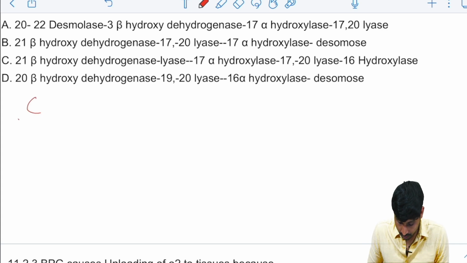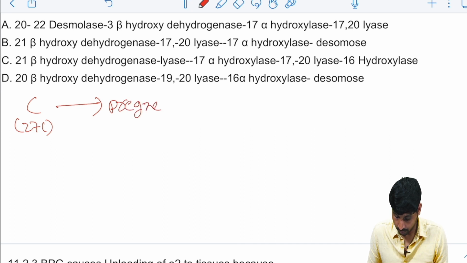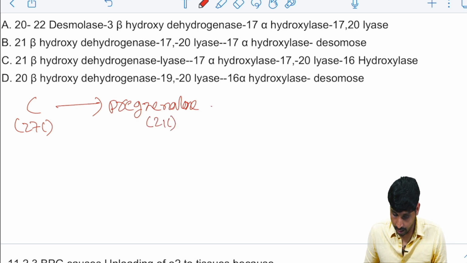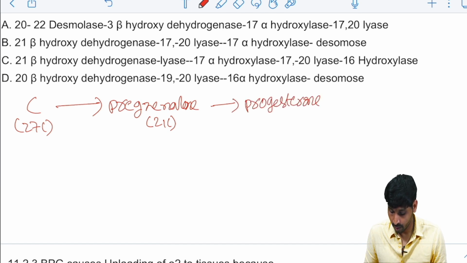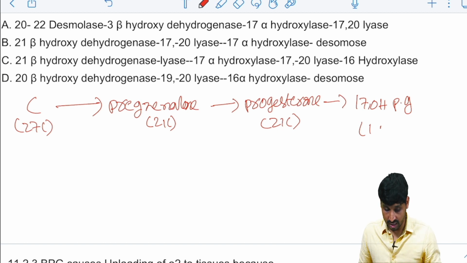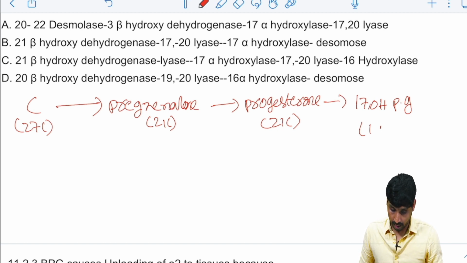Cholesterol is a 27 carbon compound, it will be converted to pregnenolone, which is a 21 carbon compound, and this pregnenolone is again converted to progesterone, which is again a 21 carbon compound, and then this will be converted into 17 hydroxy progesterone, which is again 21 carbon.